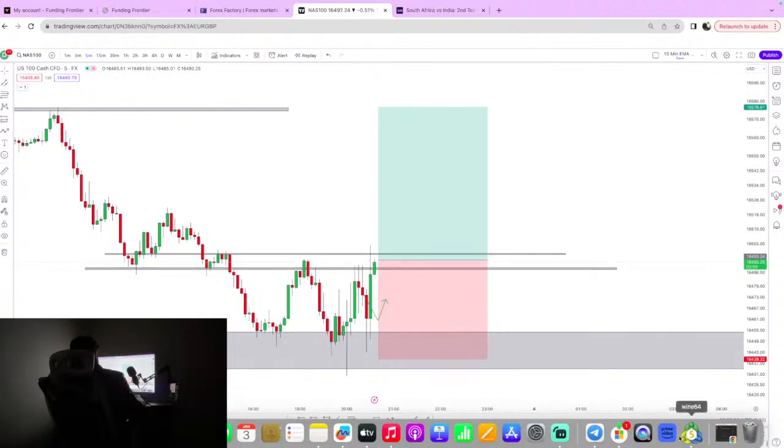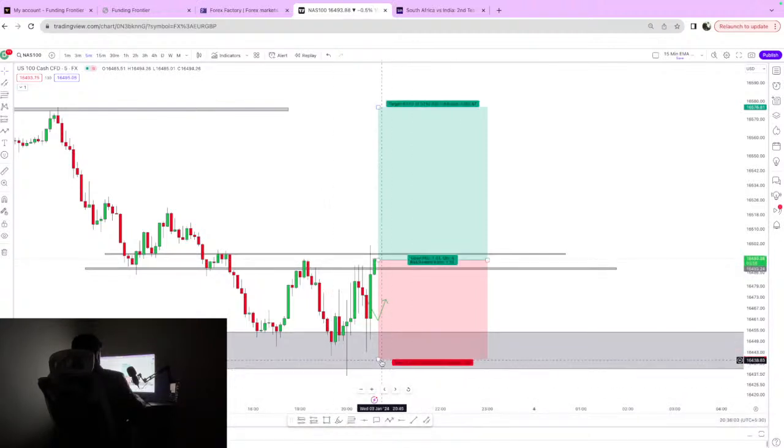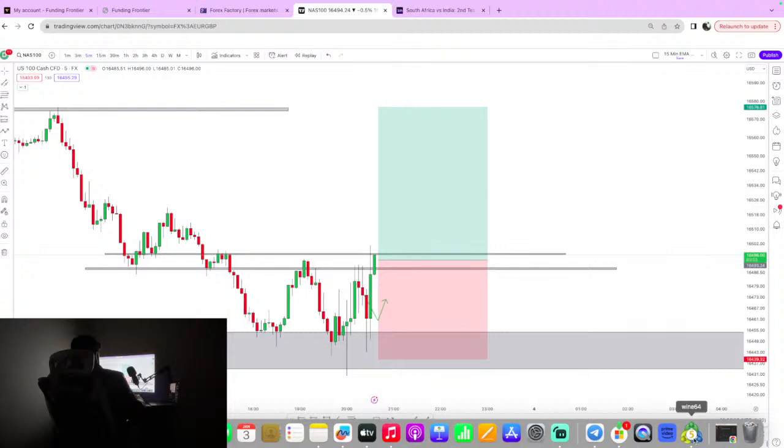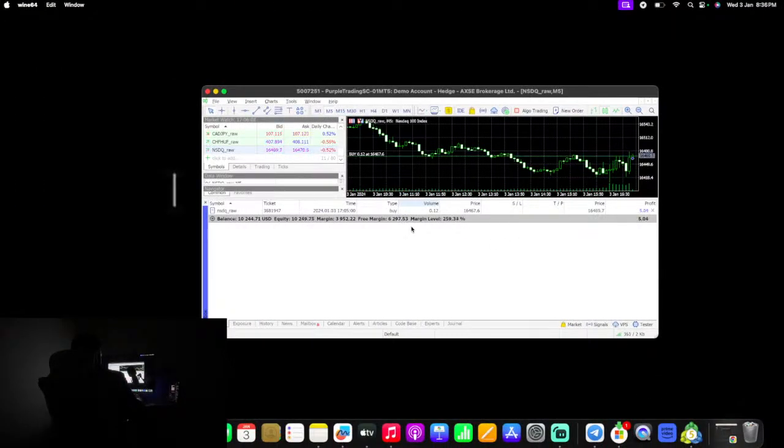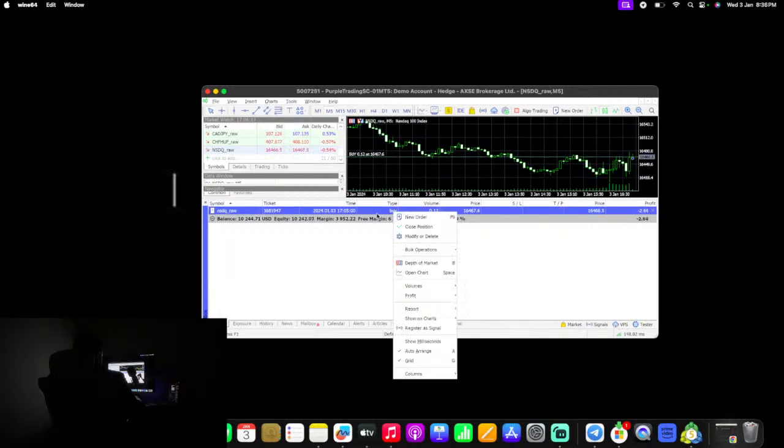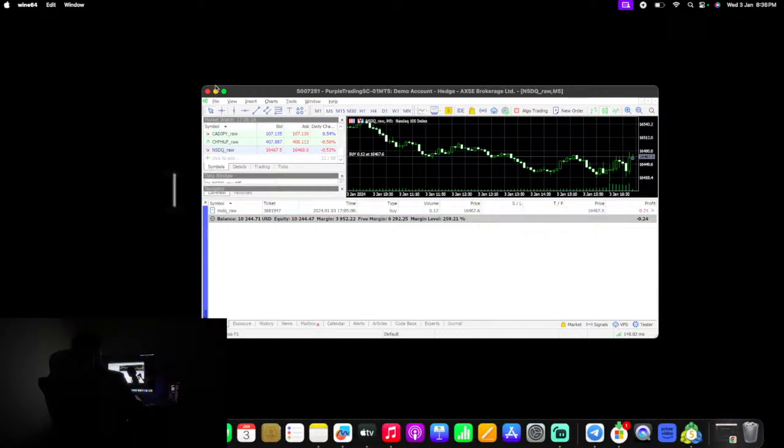Let's place the stop loss value in the MT5. There's some issue in the MT5 and the laptop.